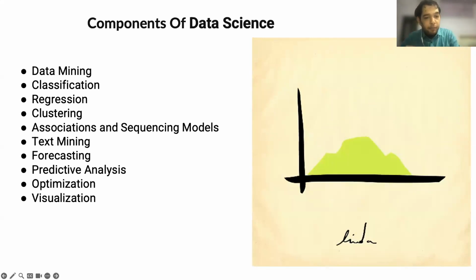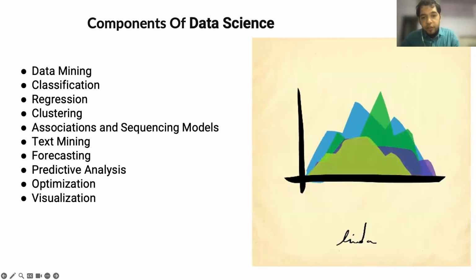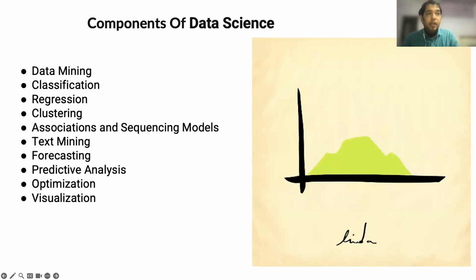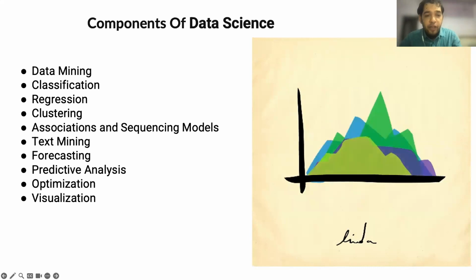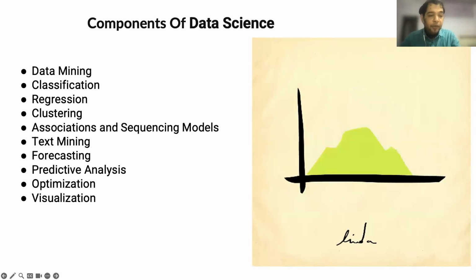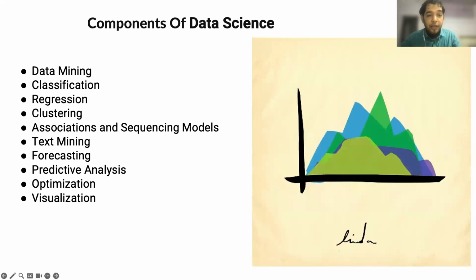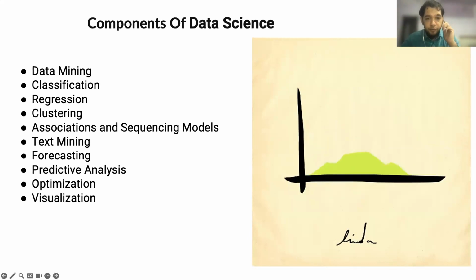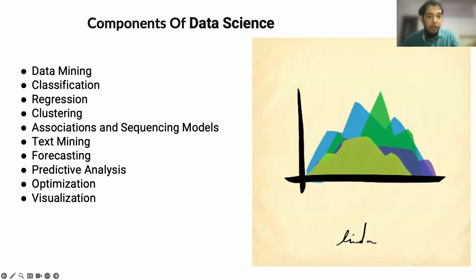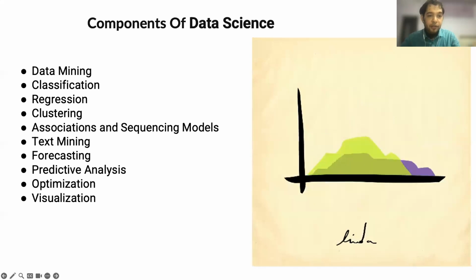Then we have another set of data. It is called unstructured data. Now, what is unstructured data? Anything that is not in the form of rows and columns, that is nothing in the form of tables. So image data, text data, voice data, video data, will it be structured or unstructured?